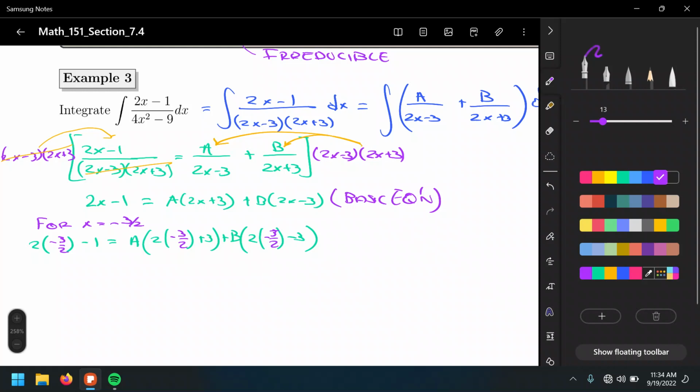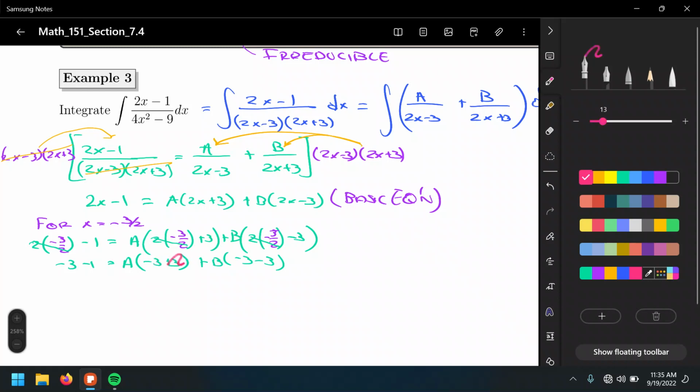Let's do the arithmetic for this. The 2's cancel here, leaving us with negative 3 minus 1 equals a times, cancel the 2's, negative 3 plus 3, and on the second term, b times, cancel the 2's, negative 3 minus 3.